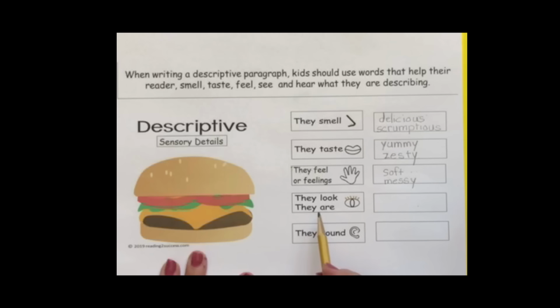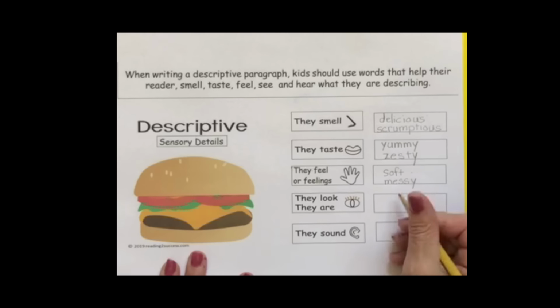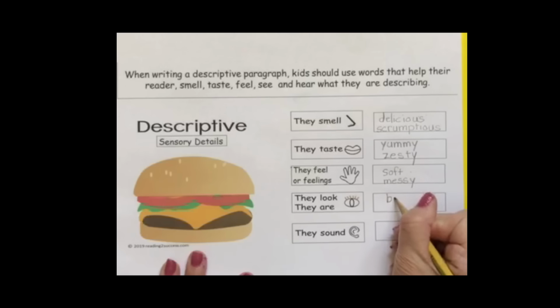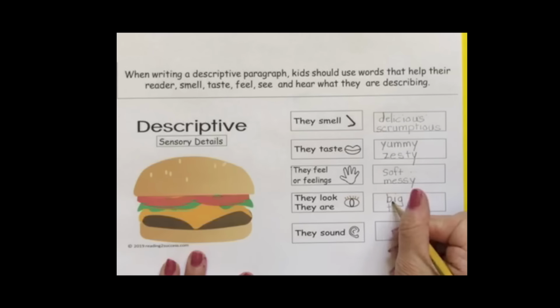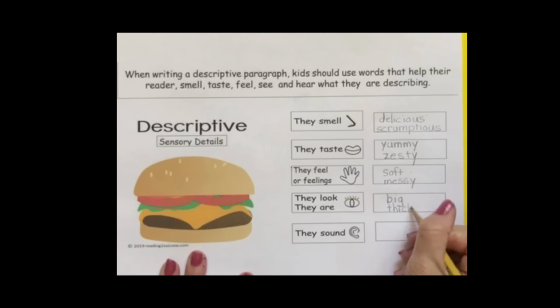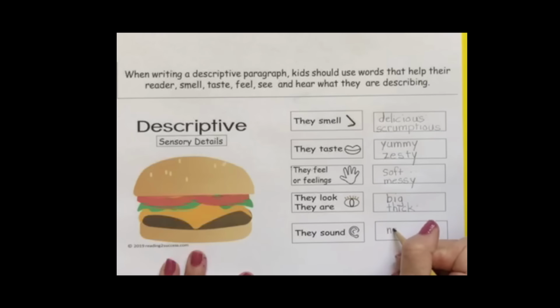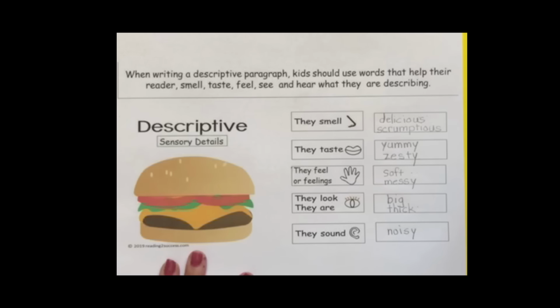And then, how do they look? They wanted to put big and thick. And then for how do they sound, we just had really one that everybody liked, noisy. So noisy when you eat them.